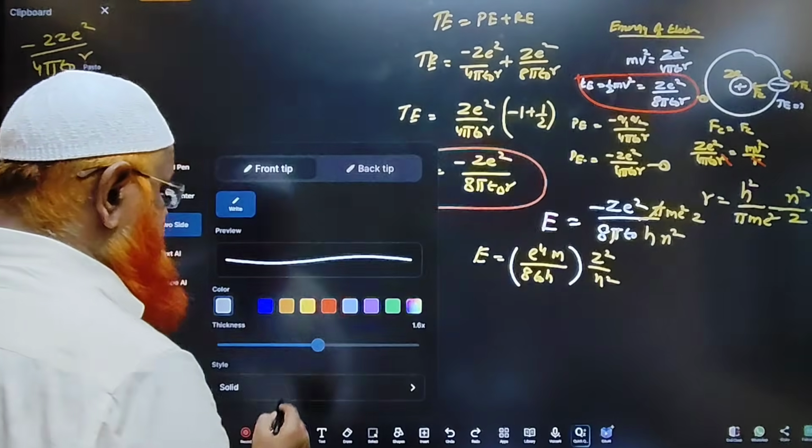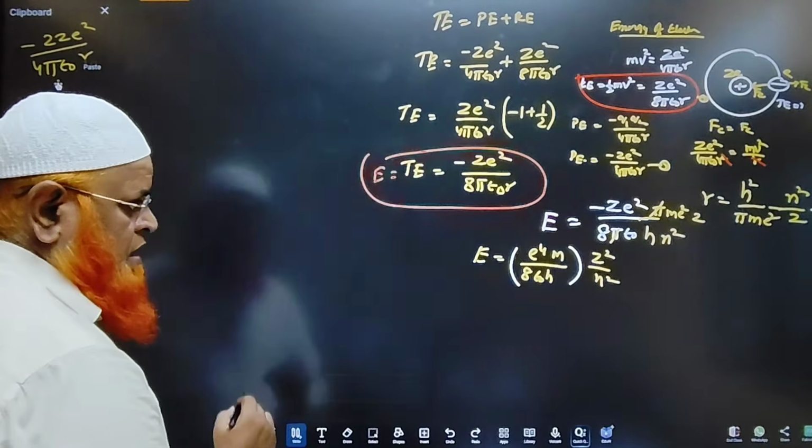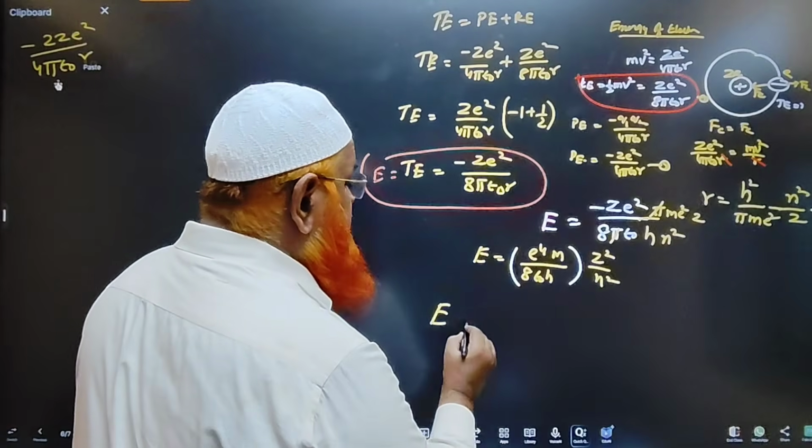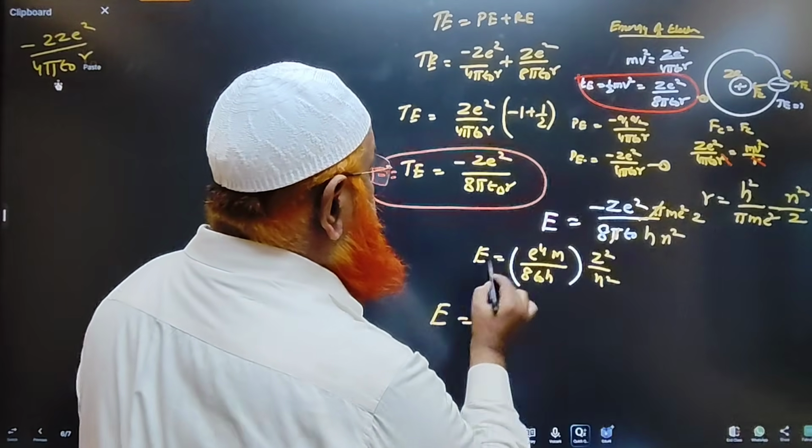So once you get this formula, you can write E is equal to this.